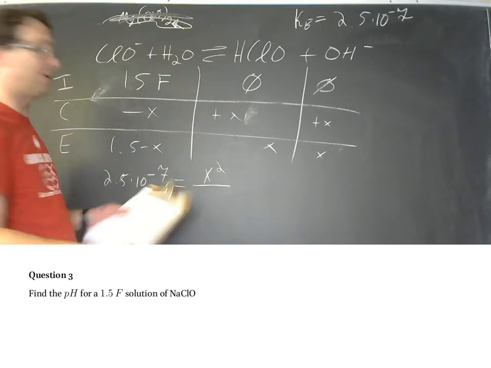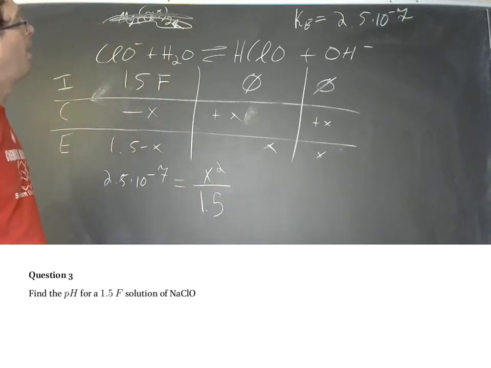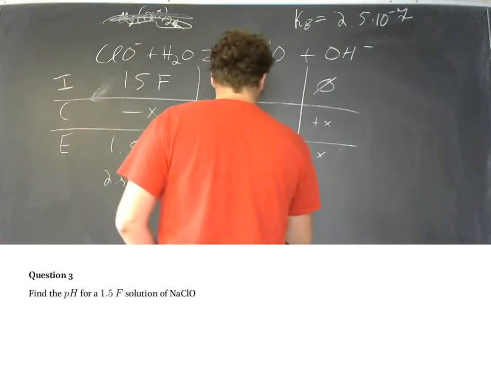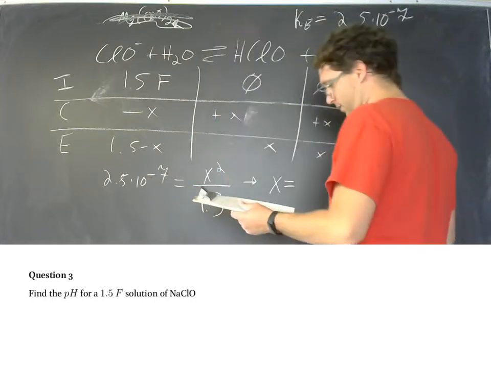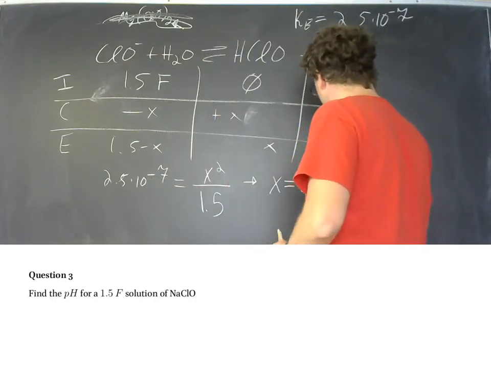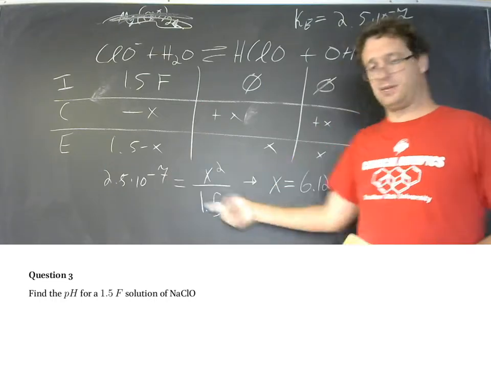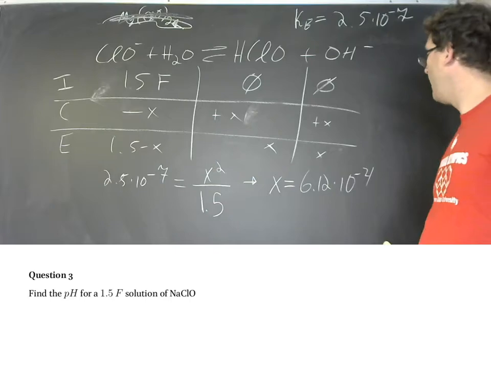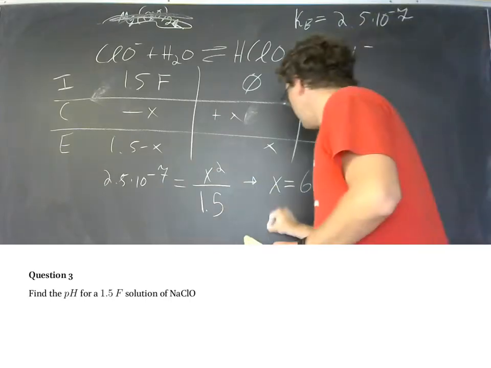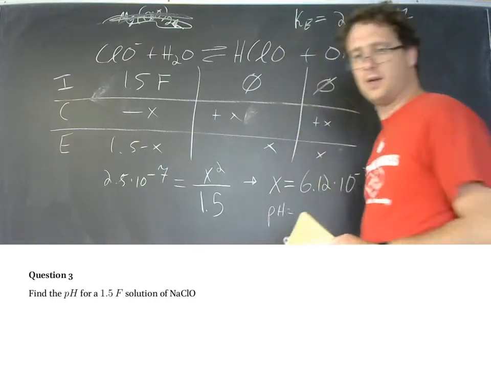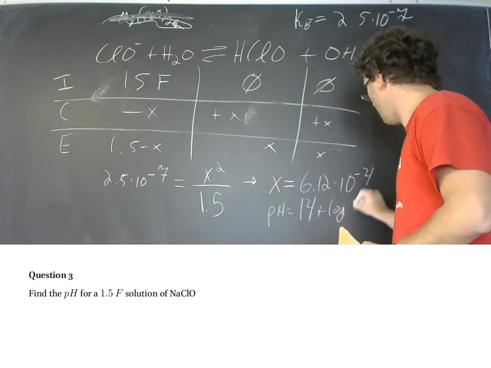Is x going to be really small? Yes, it is. So we can just say that over 1.5. And we'll solve this to get a value of x equal to 6.12 times 10 to the negative 4th. That's the square root of Kb times 1.5. And this is the OH minus concentration, and so the pH is going to equal 14 plus the log of x.